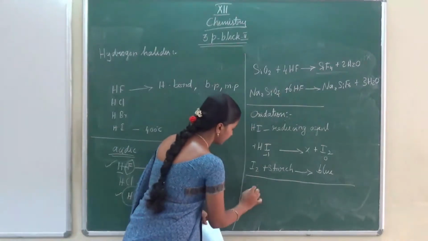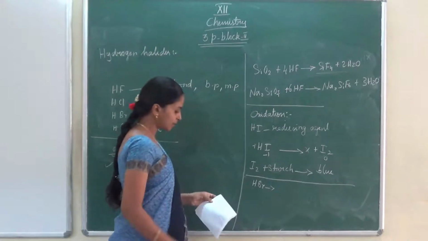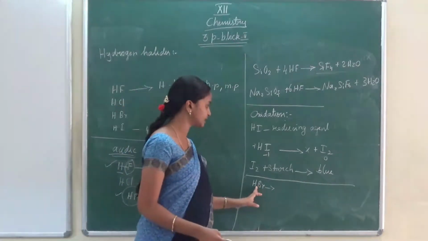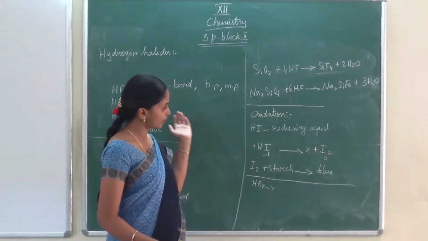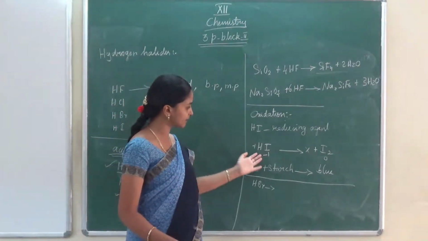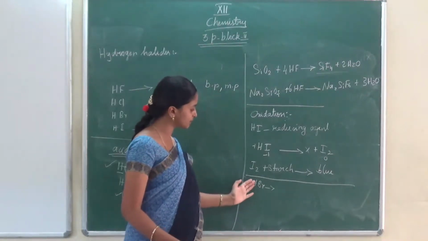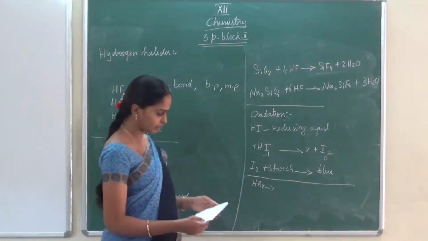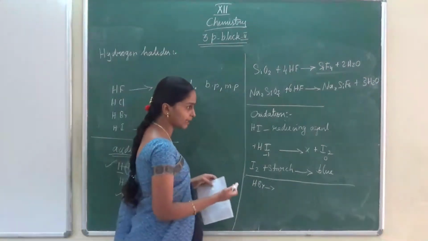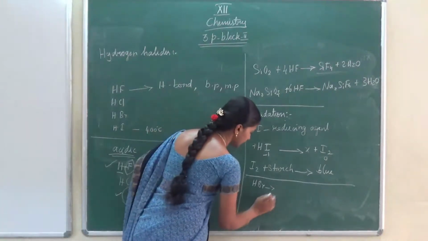That's about HI. Next we are going to talk about HBr. As a reducing agent it easily undergoes oxidation, but it is difficult to make hydrogen bromide undergo oxidation. For that we have to add a mild oxidizing agent like H2SO4.